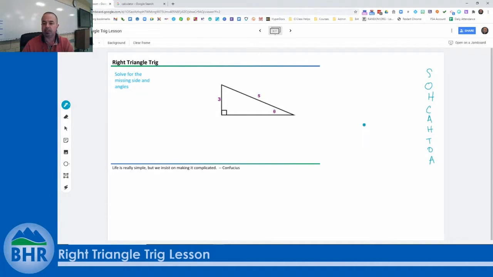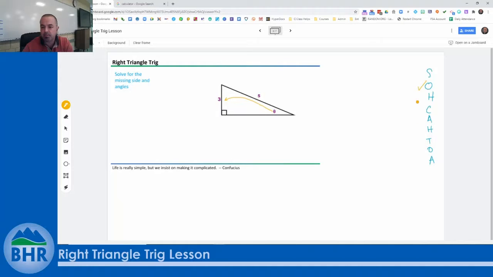All right, and how we are looking at this. From this angle, theta, I start going around the triangle. I look here, there's nothing here. I go over here to the 3, and I have something. And in order to get to that 3, I have to go across the triangle. So that is opposite.